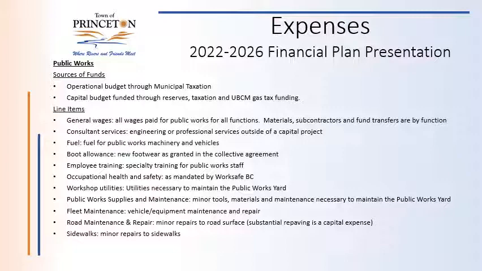The sources of funds for public works are typically through municipal taxation for operations, with a small portion of billable funds. We really shy away from doing public works on private lands. However, in certain limited and exigent circumstances, we will do work on private lands and bill the project as per our fees and charges bylaw.